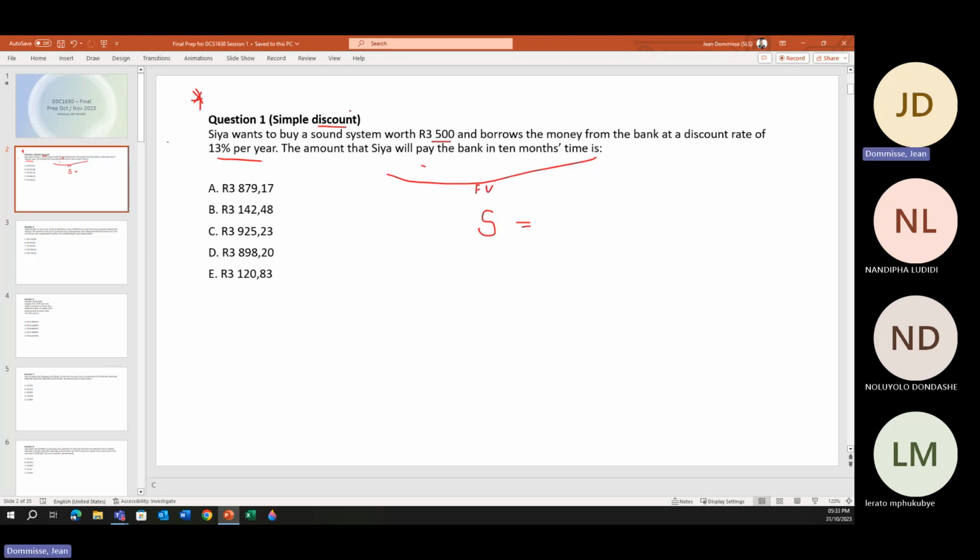Remember, we're working with simple discount, so the built-in functions of your HP and Sharp and Casios will not work for this. We will need to use a simple discount formula. Let's see, we want to work out the future value. We've got the present value of 3,500.